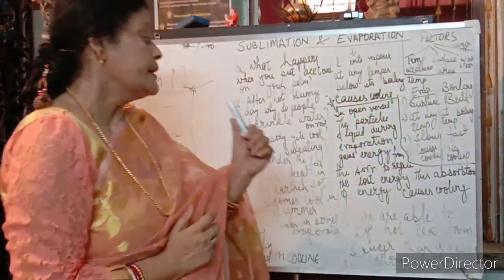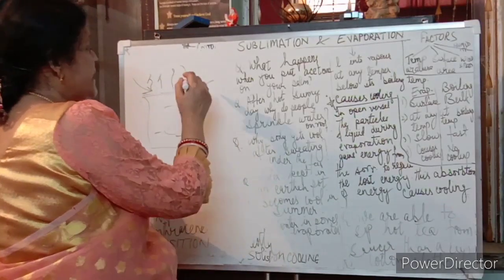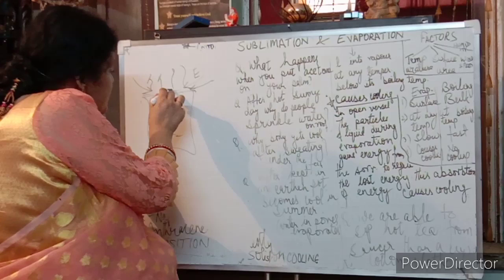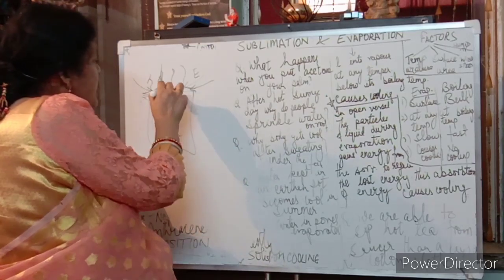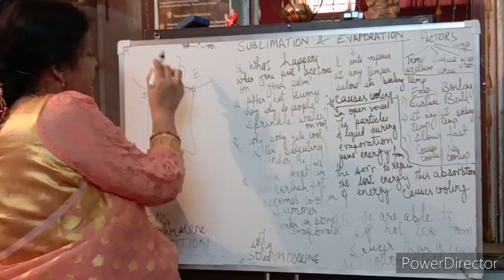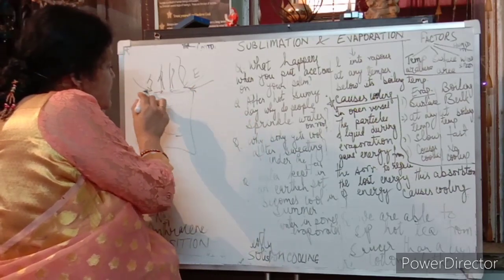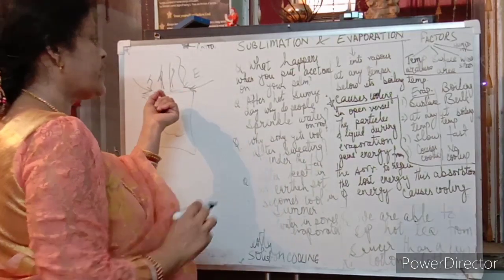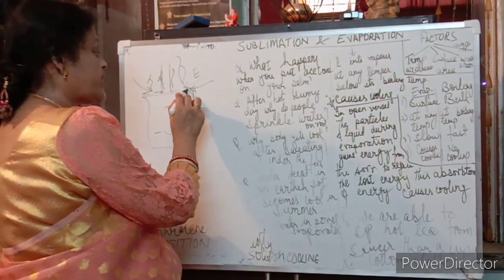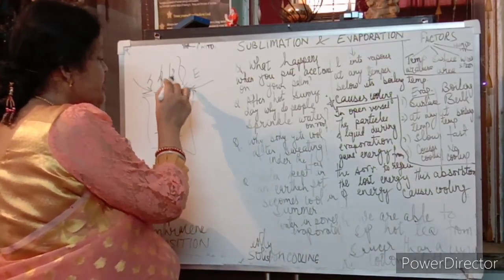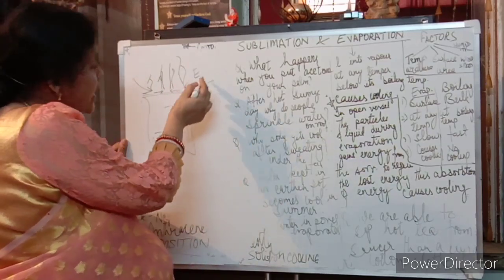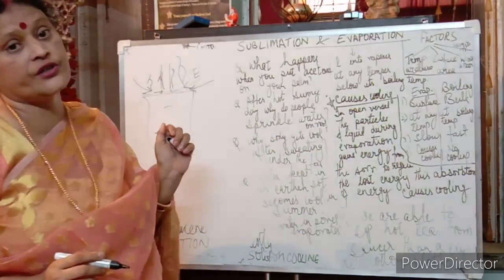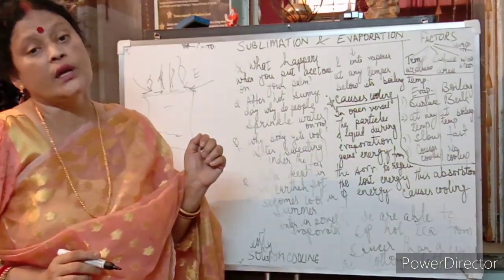Particles of liquid during evaporation gain energy from the surrounding to regain the energy which is lost in the form of heat and vapor. So in this space after evaporation, at that moment, the next particle of liquid gains energy from the surrounding to regain the lost energy, causing cooling.